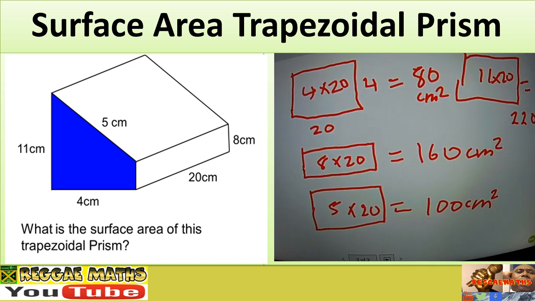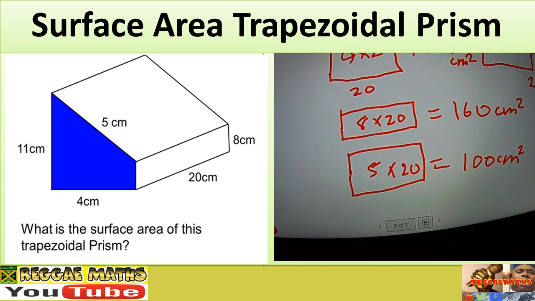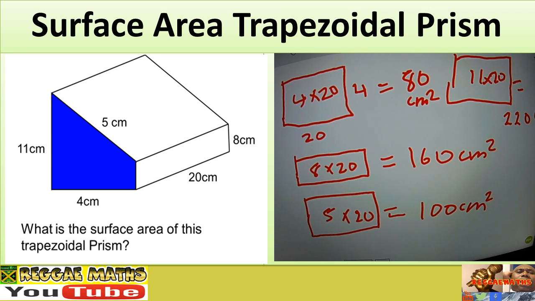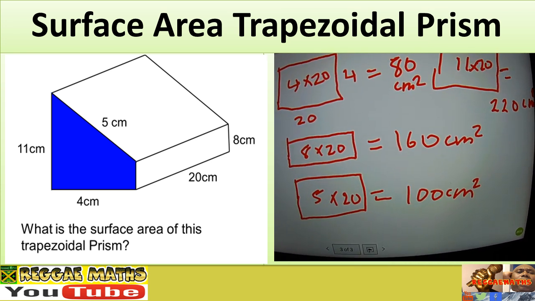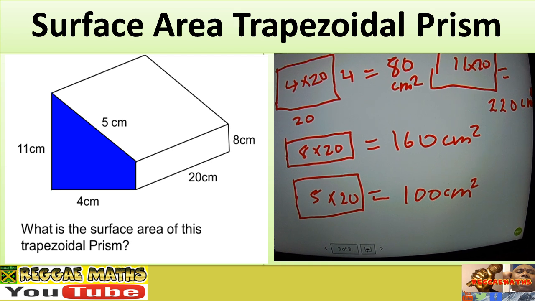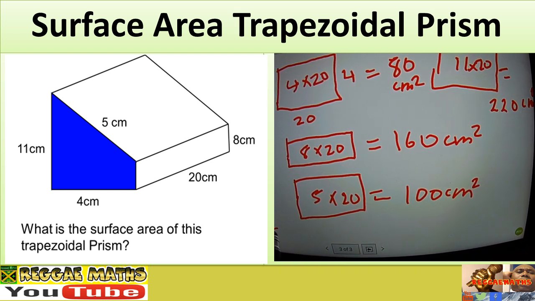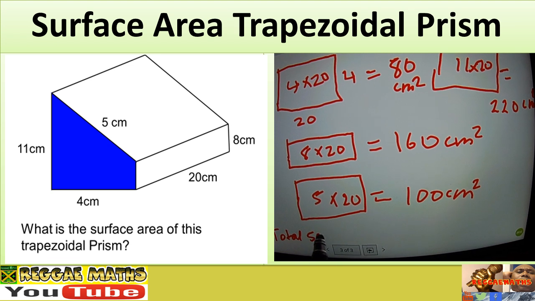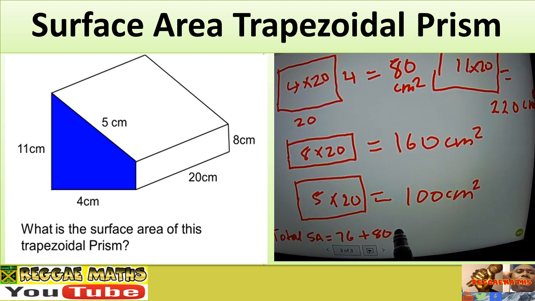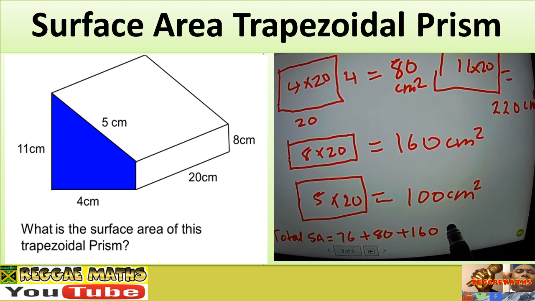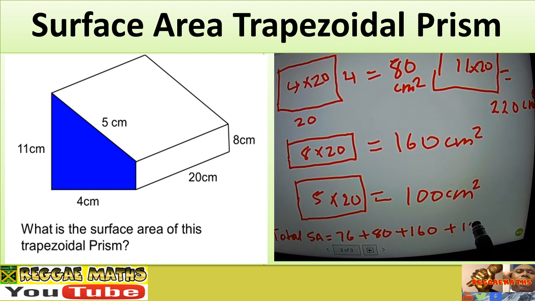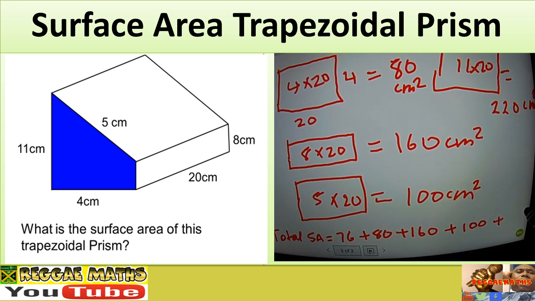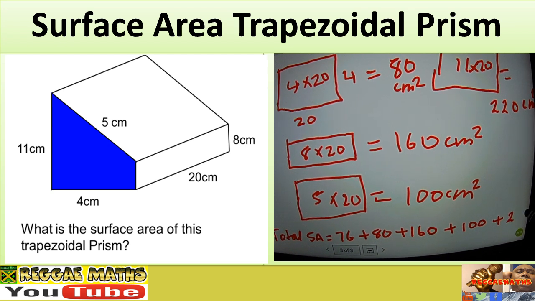So the total surface area would be, for the two trapezium, the total surface area is equal to 76 plus 80 plus 160 plus 100 plus 220.